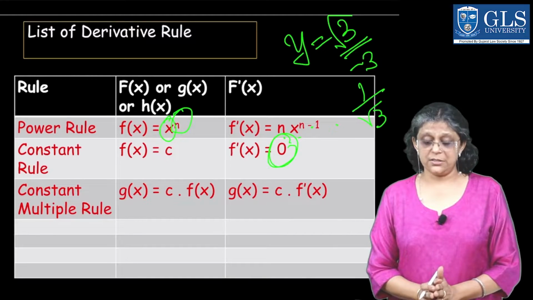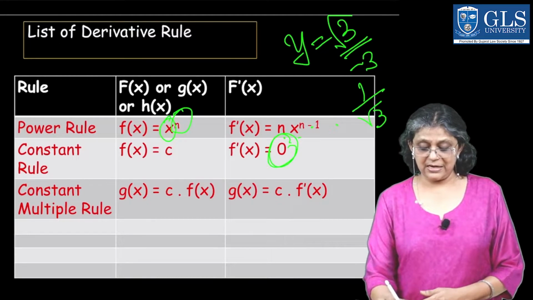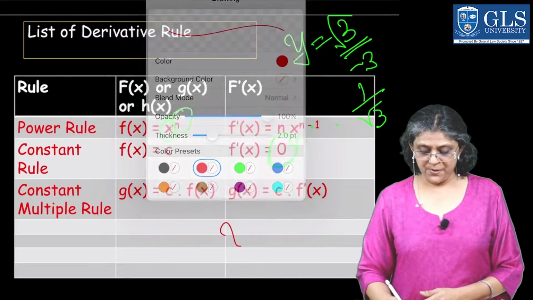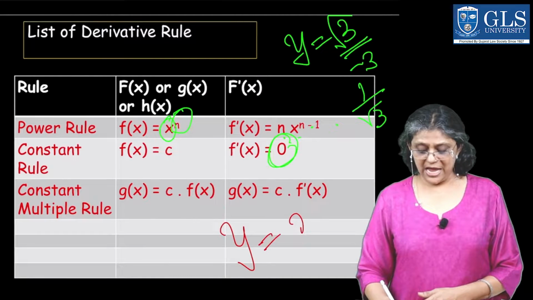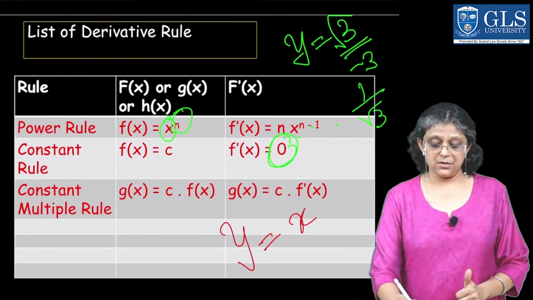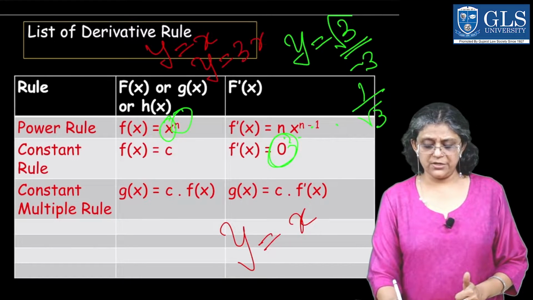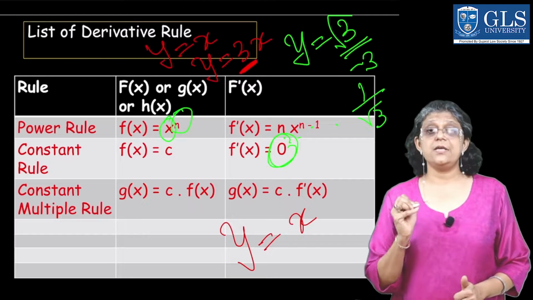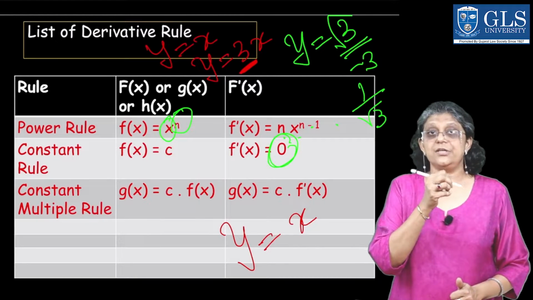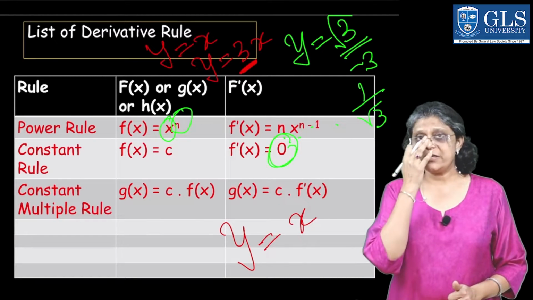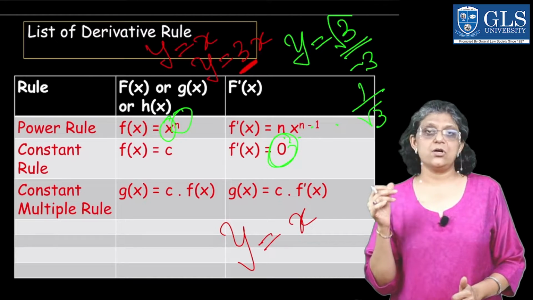Why only constant? Because I can have y is equal to x, and I can even have y is equal to 3x. Here this 3 is called the coefficient, the scalar. I think we have understood its meaning in matrices also.